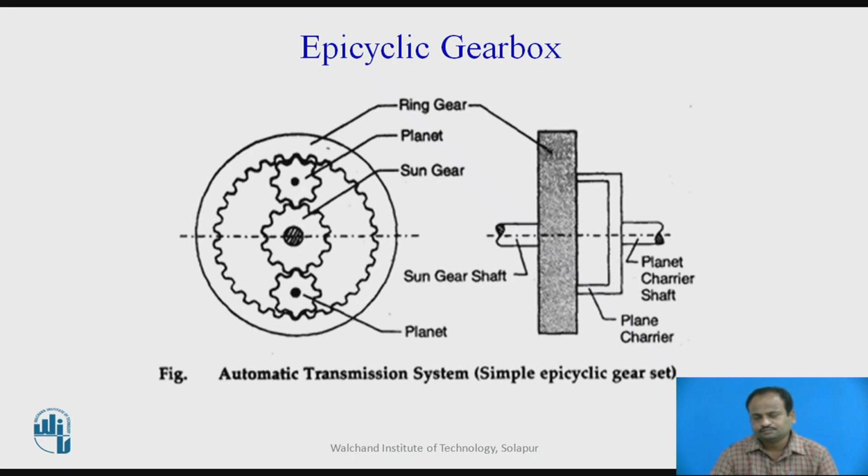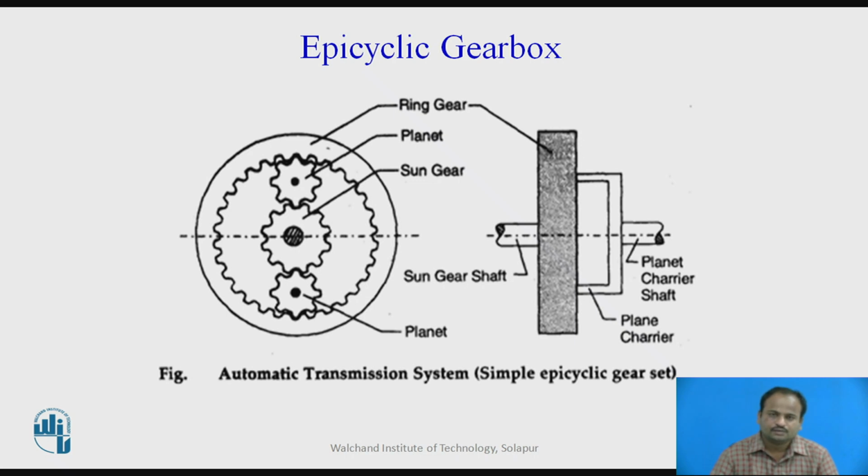Epicyclic gearbox: the epicyclic gearbox is used in automatic transmission with the torque converter or with the fluid flywheel. By fixing one of the gears in this gearbox, different speeds can be achieved and also reverse speed.